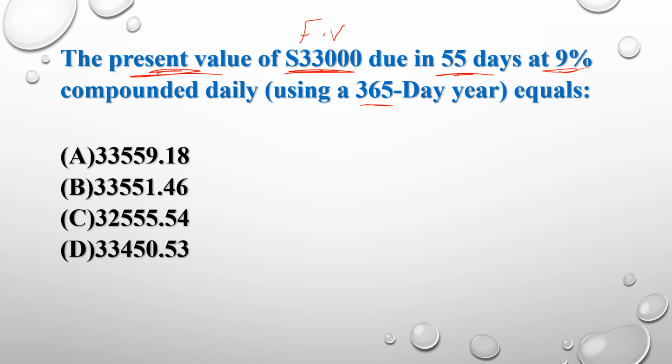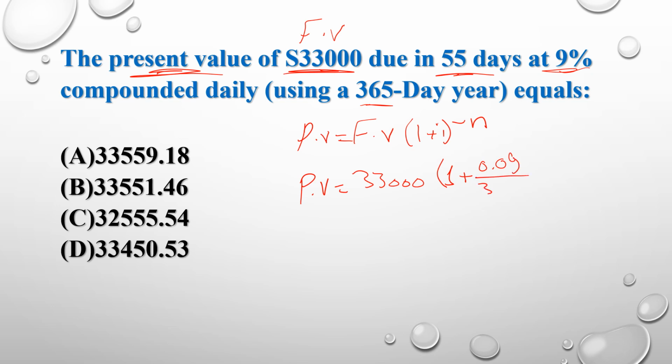And the compound interest equals 9% compounded daily, and the base here is 365 days a year. So the present value equals future value times (1 plus i) power minus n. So the present value here equals the future value, $33,000, times (1 plus i), and i here equals 0.09 over 365, all power minus 55.